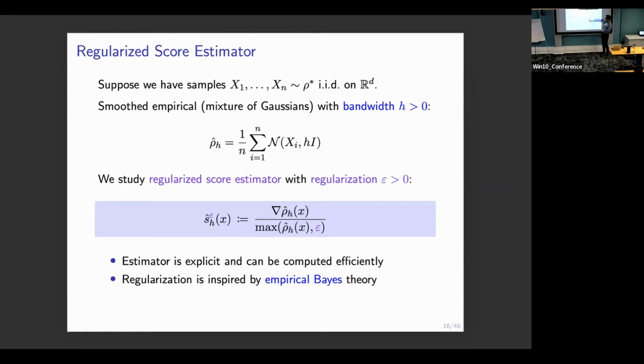If epsilon is 0, then this is the true score function. But this epsilon just makes it so that if the density is small enough, then we lift it up to epsilon. So this is explicit. Given the samples, we can compute this quantity for every x in time that scales with n and d if done naively. And I'll mention why we need this regularization. Basically, it helps us prove the result.